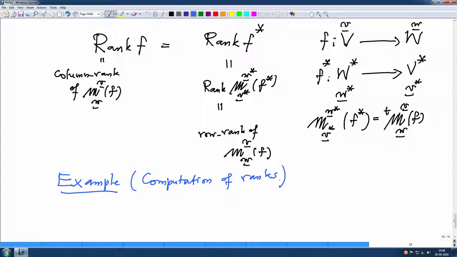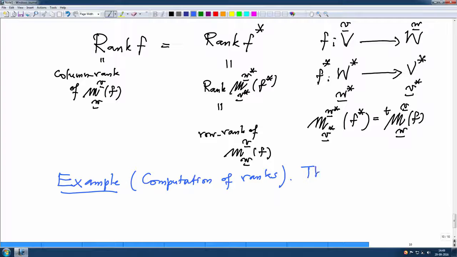I am not going to discuss numerical examples, 3 by 3, 4 by 4 matrices whose entries are actual numerals. I am not going to discuss them, but I want to do it a little bit more theoretical way. So, how does one compute the rank of a matrix more effectively or relatively easily?